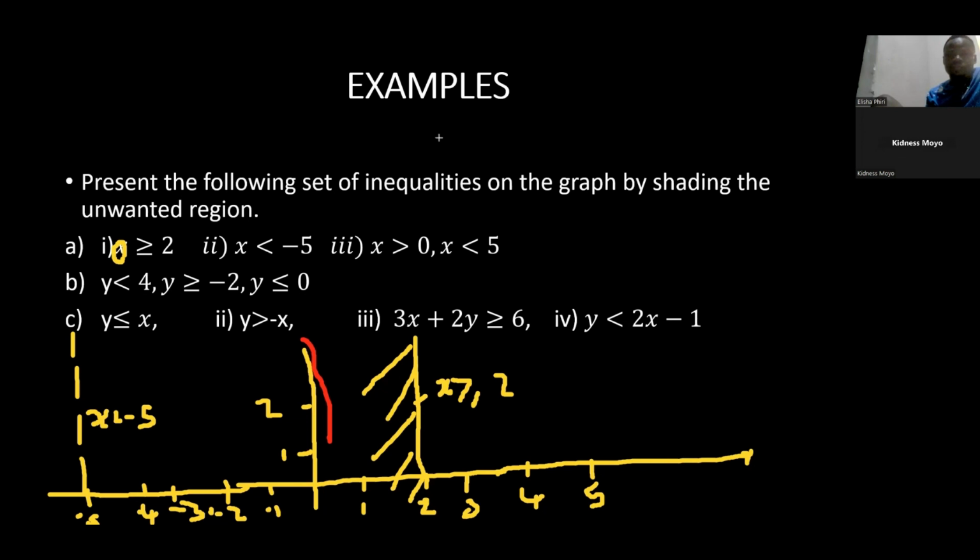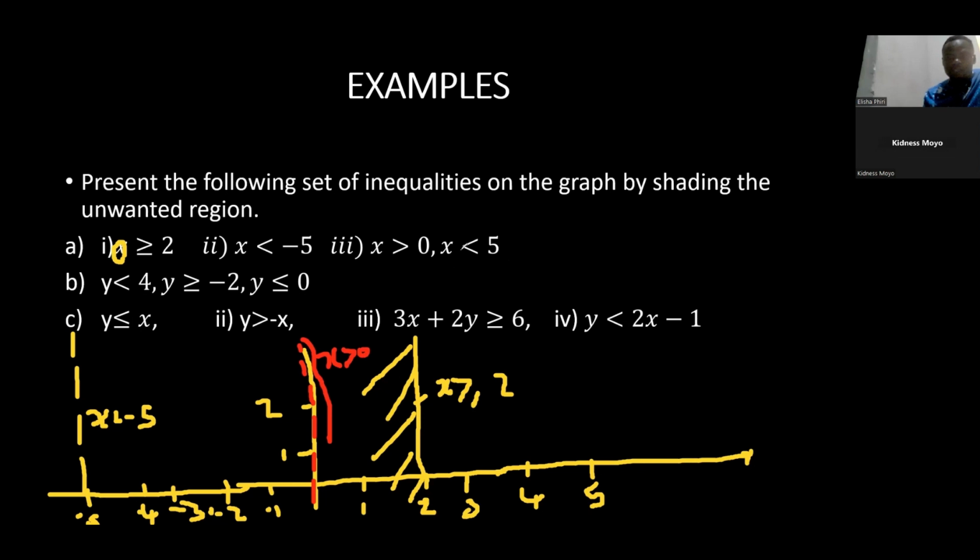I haven't noticed. I drew a bold line instead of a dotted line. It's supposed to be a dotted line. It's greater than, so we can indicate x is greater than 0.